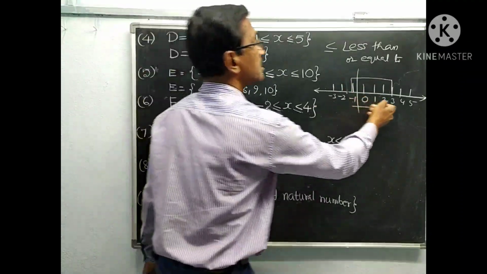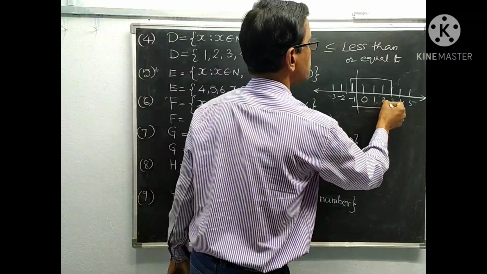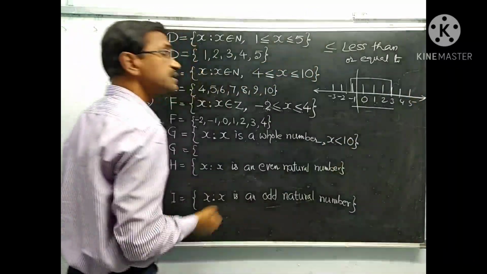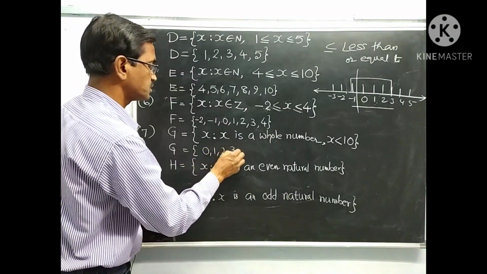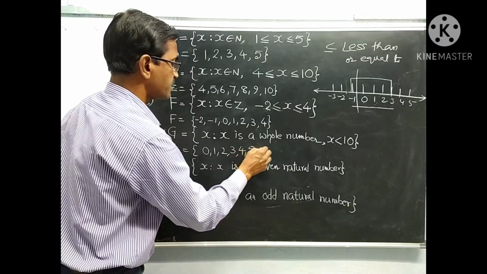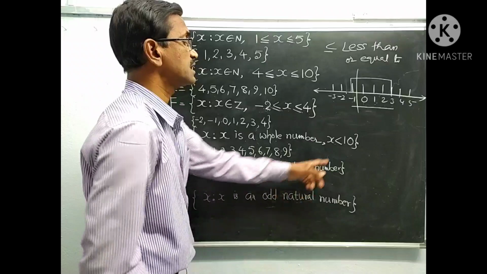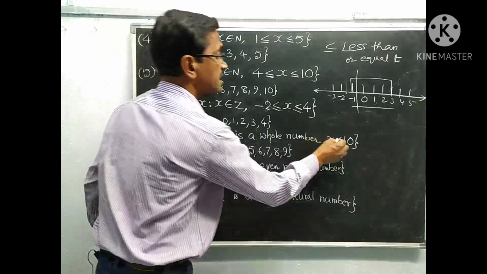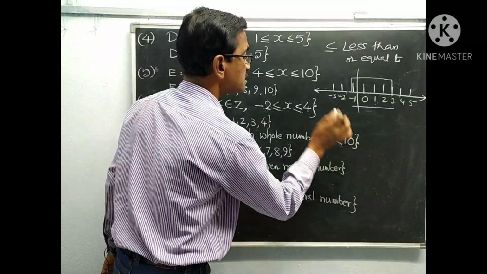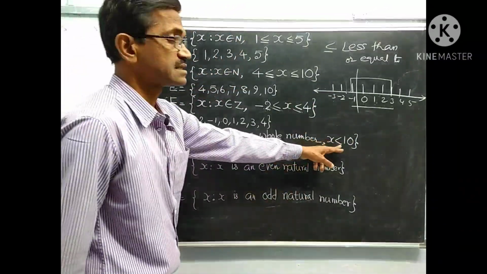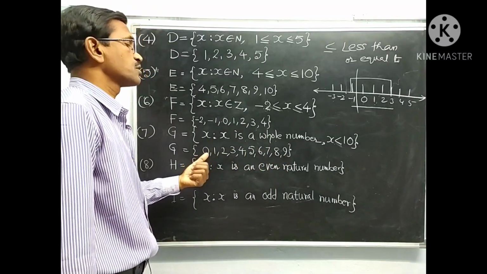Less than 10 means 0, 1, 2, 3, 4, 5, 6, 7, 8, 9. If there is less than or equal to 10, we have to write 10 also. But here there is only the less than symbol, so you have to write up to 9 only, starting from 0.